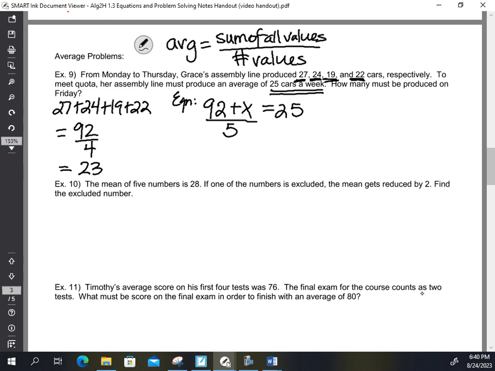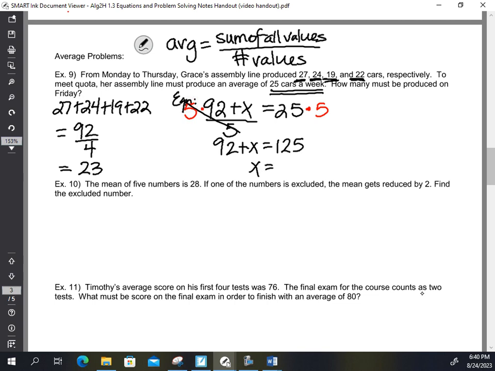So we can go ahead and solve it. Since you have a division sign, the opposite of division is multiplication, so multiply both sides by 5. On the left-hand side, the 5s drop out. 92 plus x equals 125.